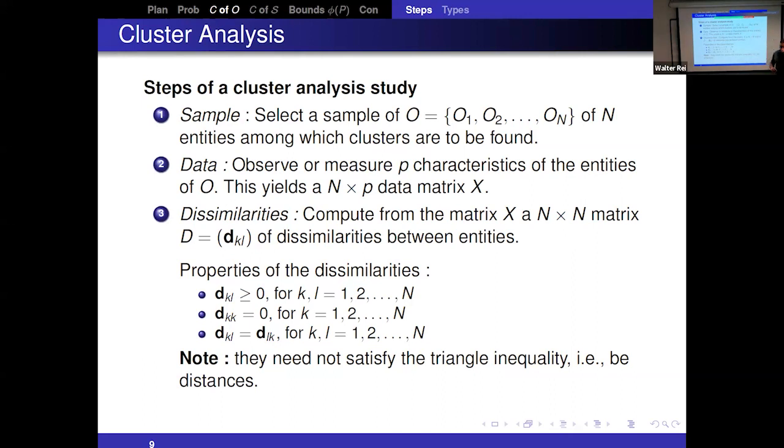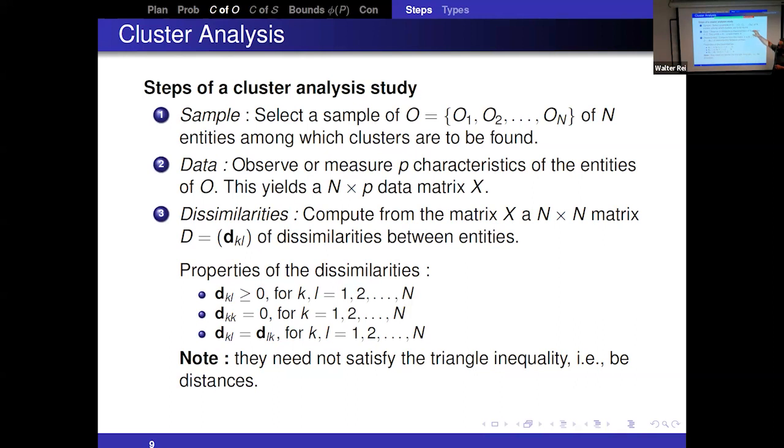Then I would say that the most important steps in the approach are steps 2 and 3, because this is where the type of clustering that you end up having is impacted. It's your choices of what is the data and how you define these similarities that are at the heart of how you model the clustering problem. So first, the data.